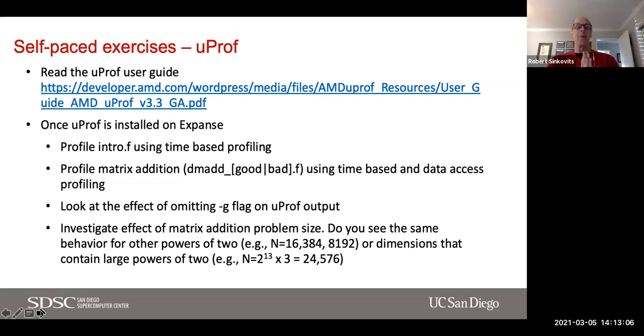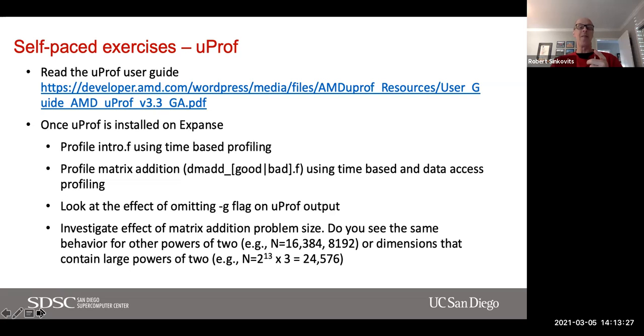But one thing you can do is to take a look at the AMD Gprof user guide. It's a little overwhelming. It's about 140 pages long. It actually reads quicker than you might expect, and there are certain sections that you could skip.